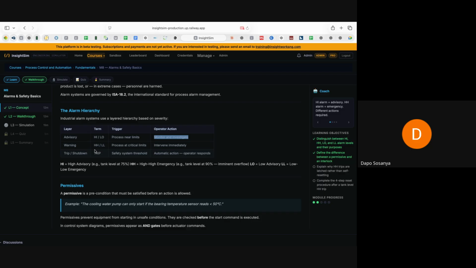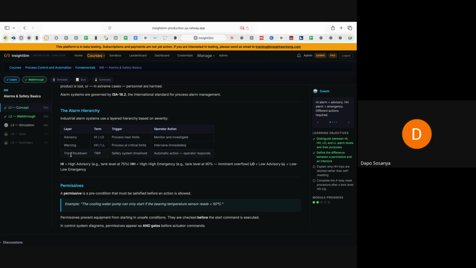It means your monitoring and investigation did not resolve why the level kept rising, and you were not able to do anything. That's why it rose again and got to that HH alarm. So you need to intervene at that time, whether you implement a shutdown or divert the fluid into a particular place or whatever.